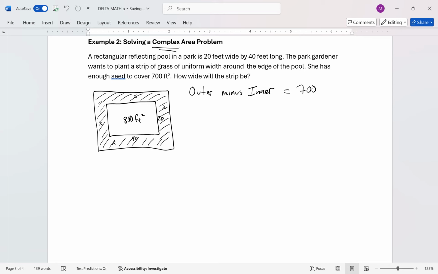So the outer starts out the same way. A lot of the same mechanics here. 2x plus 40, and then our height, 2x plus 20.